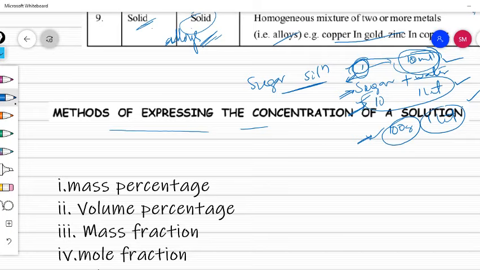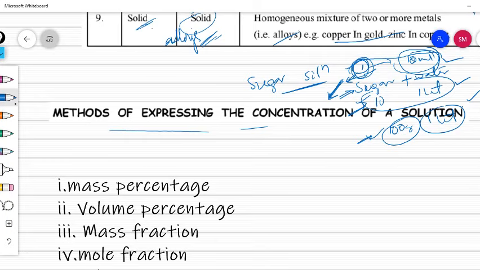Expressing the amount of solute dissolved in a given amount of solvent is said to be concentration. So, concentration means the amount of solute present in the given amount of solvent. To express that, we have many terms that can define the concentration.